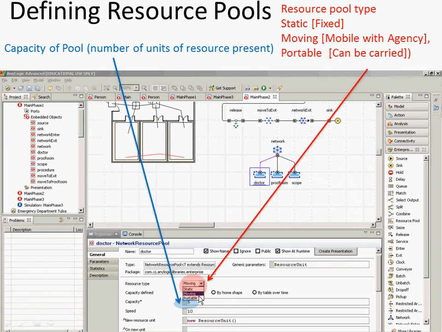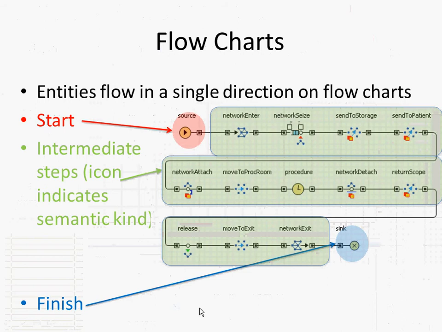So we have these flowcharts. These flowcharts have some start. There's a set of these operators. The icon indicates the type of operator being applied, and there's a small set of different operators available in the palette. And then there's a sink at the end when the entities disappear. Entities' life is delineated between these 2 points.